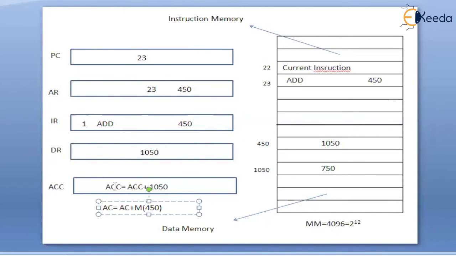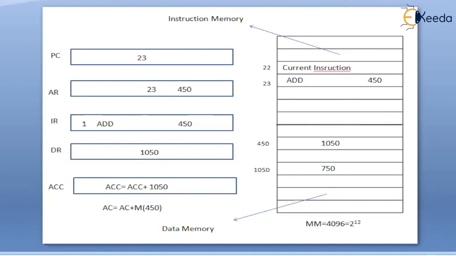What is accumulator? Whatever the contents of the accumulator will get added to M of 450. Memory of 450, because it's a direct address. Go to 450, get the contents. M of 450 is equal to 1050, which will get added to the accumulator.